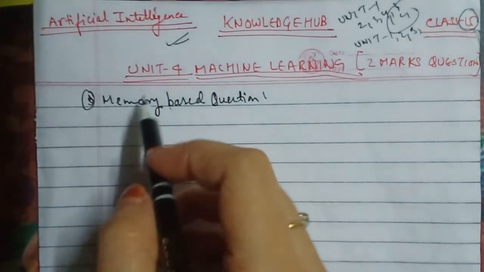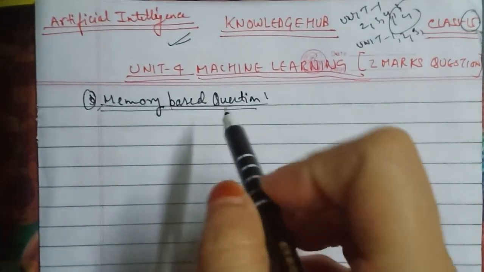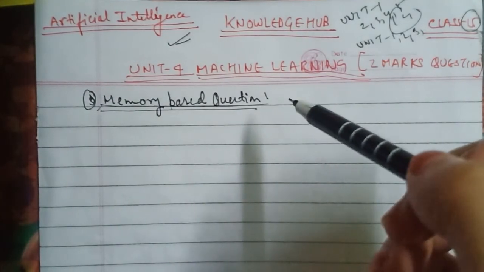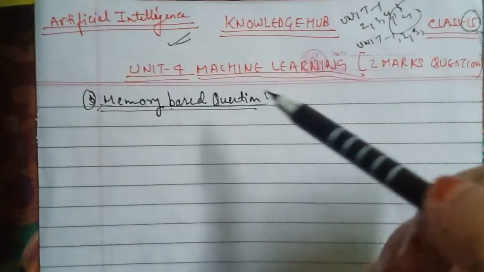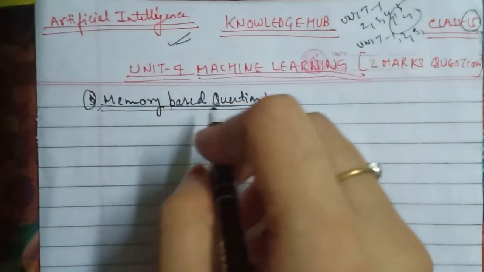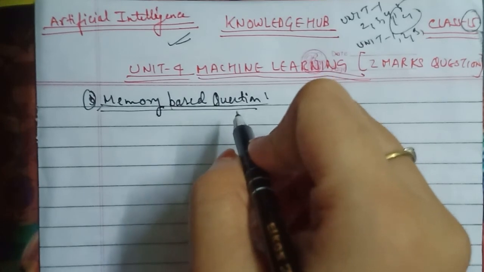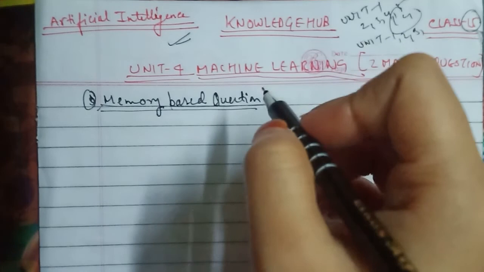As of the last 3 units, we had covered memory based questions, application based questions, and many more; what we'll discuss here as well is evaluation based questions. So we'll do the same for unit 4 as well as for unit 5. For the memory based questions, the first question is: what are the major paradigms of machine learning?